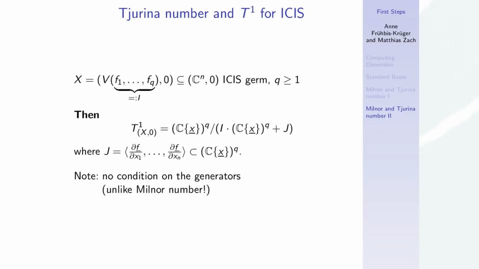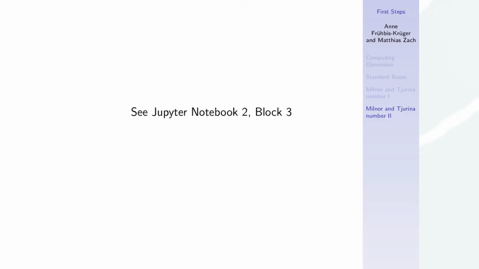So from one point of view, it's an easier calculation because we don't have to look at some general combination. From the other perspective, it's something new, it's modules. And now I think it's time again for Matthias.